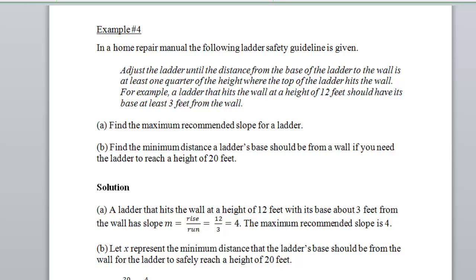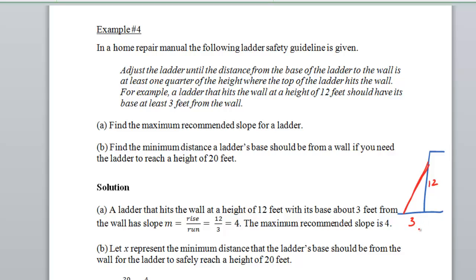we're going to use just a quick visual, if you will, where we can actually get an idea of what this looks like. And so if we have a wall, and then we have the ground, and then we know that we basically have a ladder here that has a rise of 12 feet up the wall, and that the ladder should be 3 feet from the base.